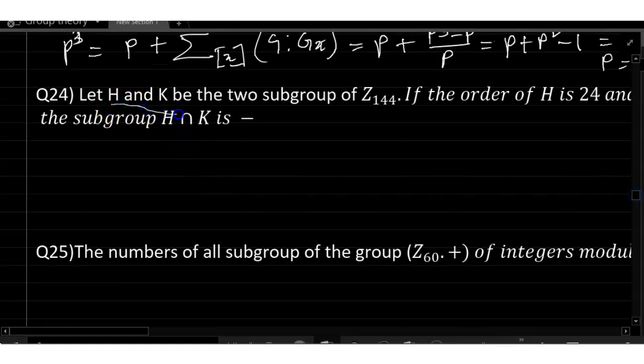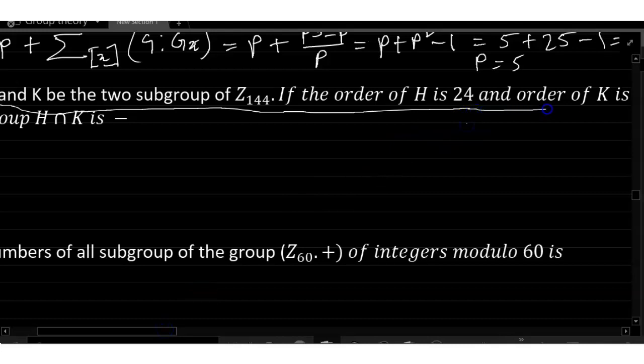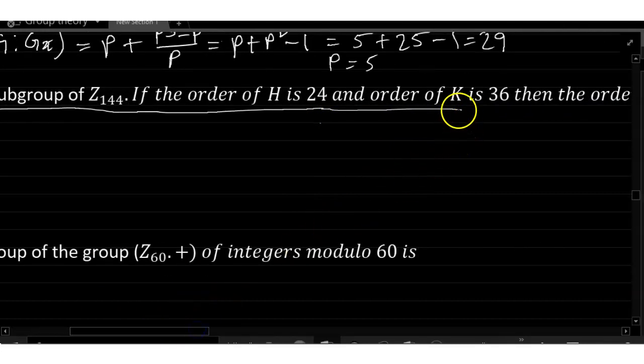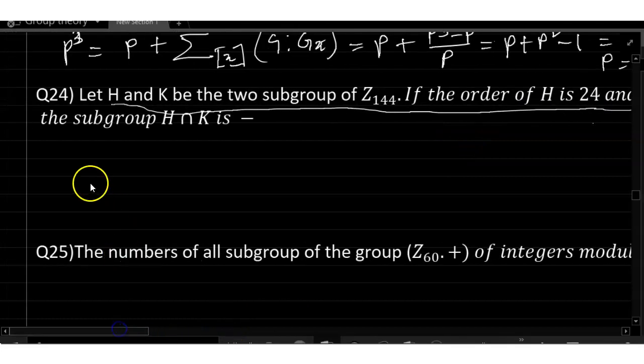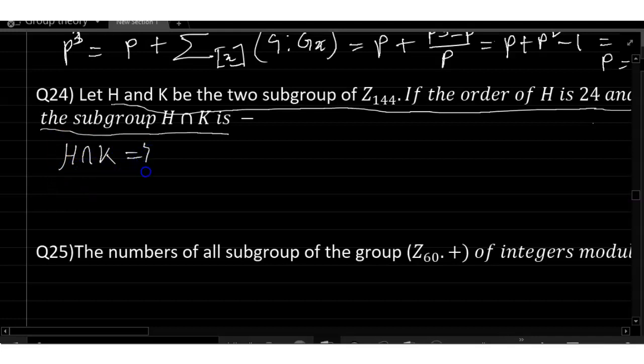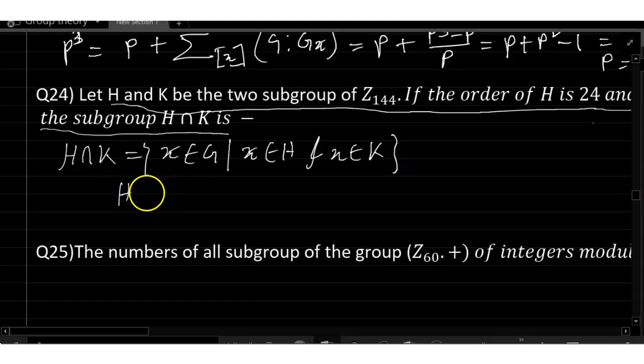Let H and K be two subgroups of a group of order 144, and if the order of H is 24 and the order of K is 36, then the order of the subgroup H intersection K is, so H intersection K equals the set of x belonging to G such that x belongs to H and x belongs to K. The order of H is 24, and the order of K is 36, which is 10 times 2, 36.